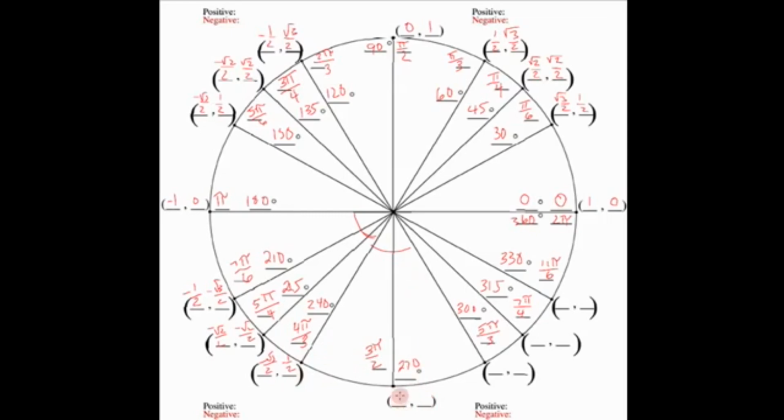Continuing on, 0, minus 1, and our last fourth quadrant, all the x values are positive, so positive 1/2, positive root 2 over 2, positive root 3 over 2. Now all my y values are negative. Negative 1/2, negative root 2 over 2, and negative root 3 over 2.